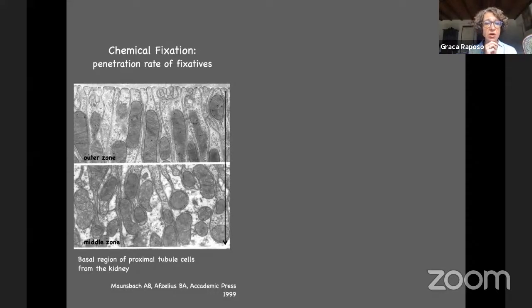Here on the top you have proximal tubule cells in the outer zone, and you see that the morphology is quite well preserved, but on the bottom, or even here in the middle zone, the morphology is much less preserved. It doesn't look as nice as it does on the top. And the problem is the penetration rate.